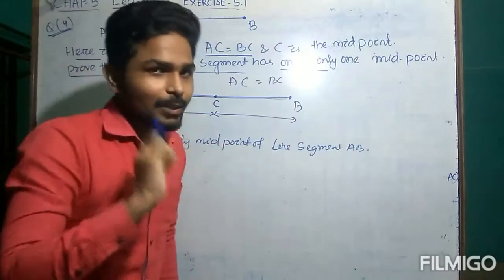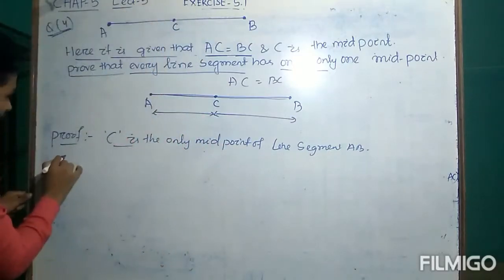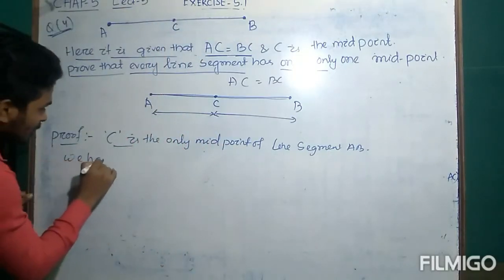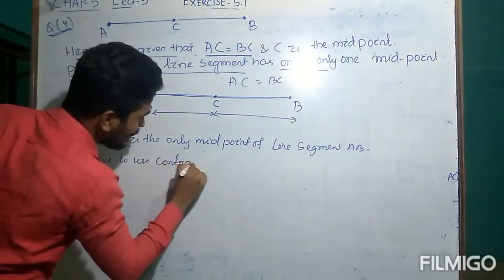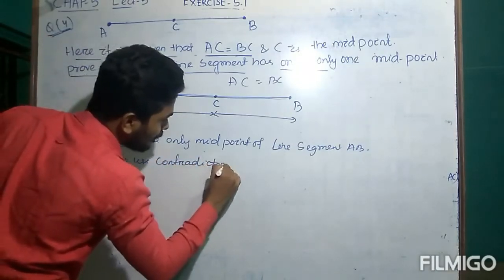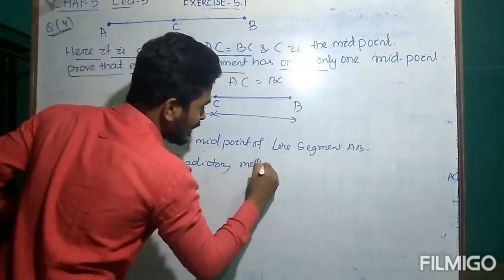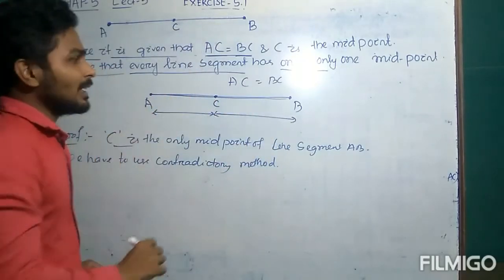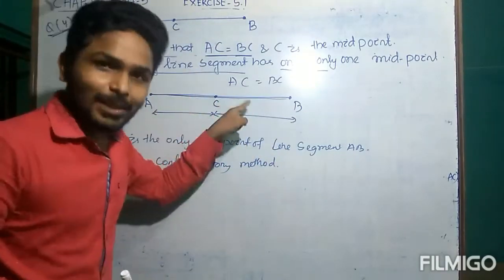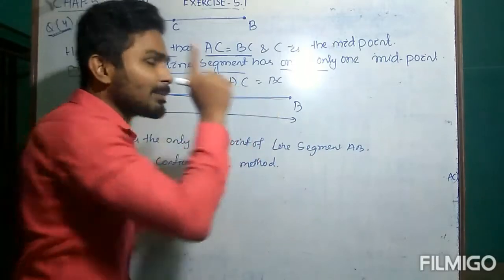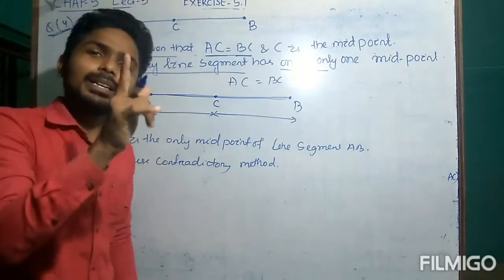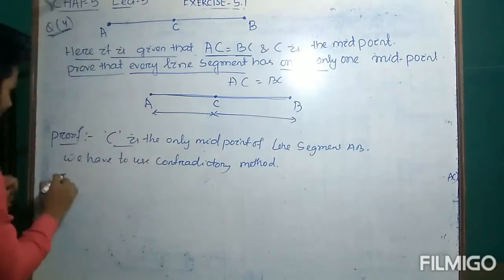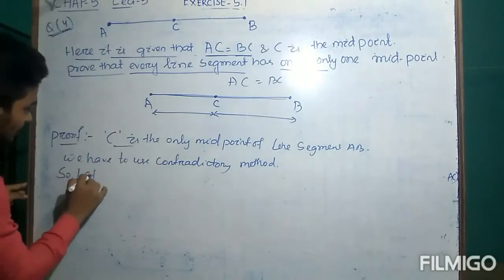So we use contradictory method. Here you have to assume that there exists another midpoint for the line segment AB. Though you know it is false, you have to assume it. So let us assume.